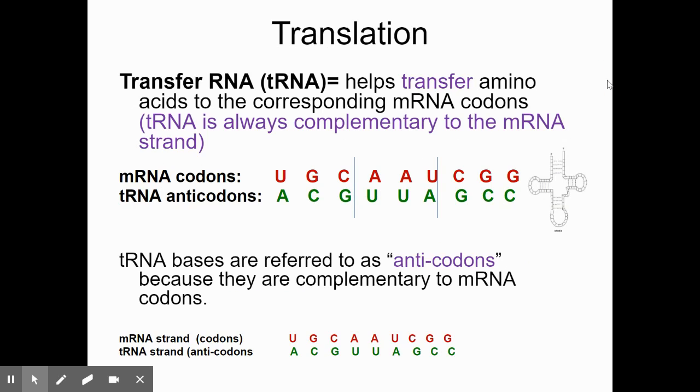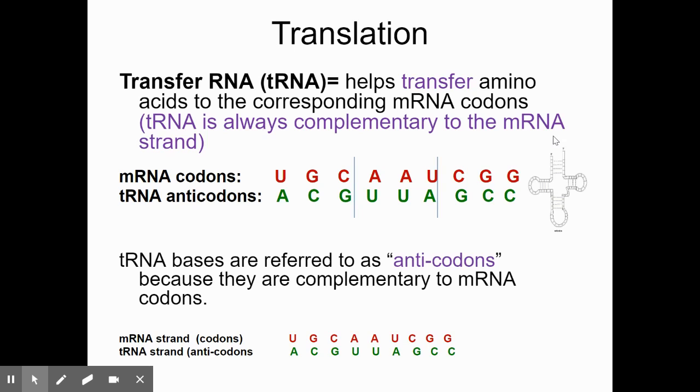Another important type of RNA involved is known as transfer RNA or tRNA. What this type of RNA does is it carries or transfers over the amino acid to the mRNA codon. And it's actually going to be tRNA that's always complementary to the mRNA strand.